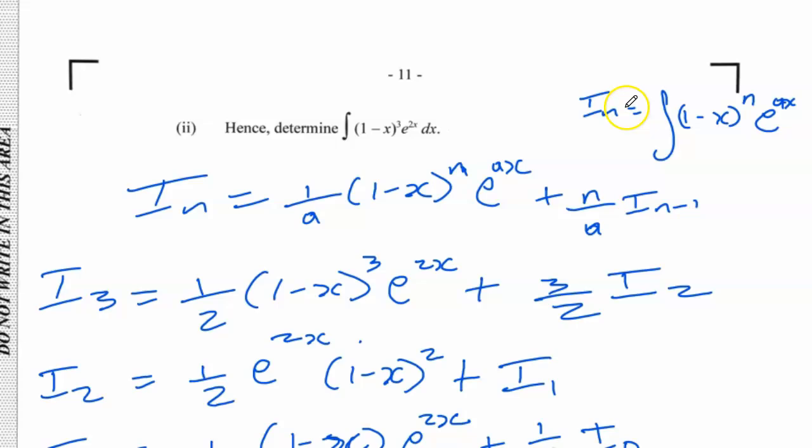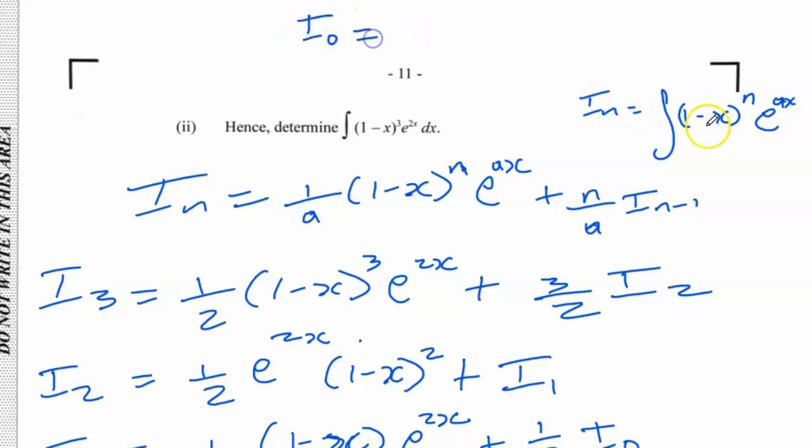Remember, I get I subscript 0 by replacing the n with 0, right? So I0 will be equal to the integral of 1 minus x to the power of n, which is 0, into e to the 2x dx with respect to x. Remember a is 2.